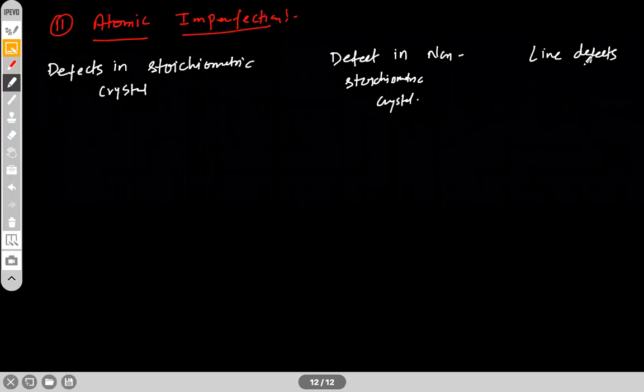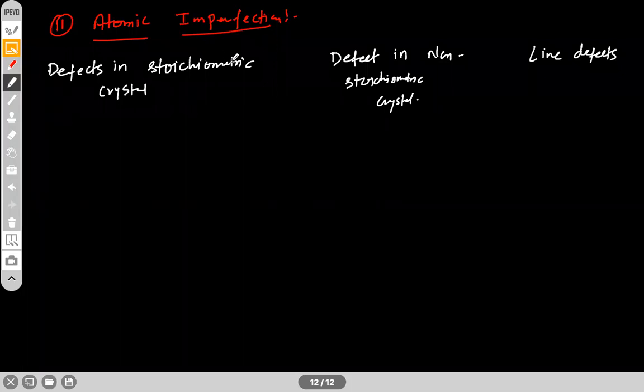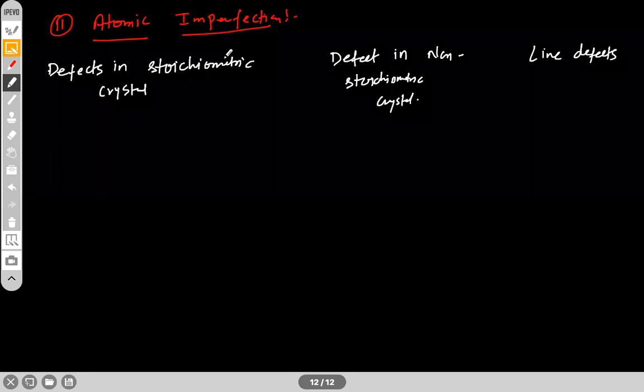Now, defects in stoichiometric crystal. Stoichiometric crystals are those crystals in which cations and anions are exactly in the same ratio as indicated in the molecular formula.